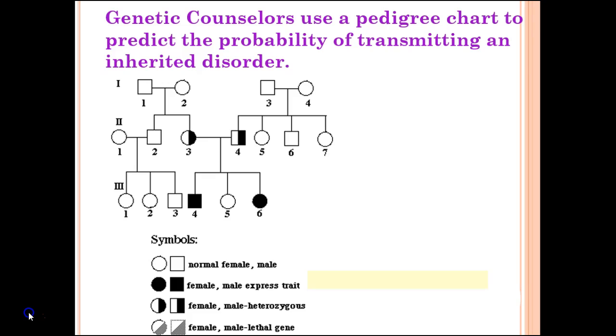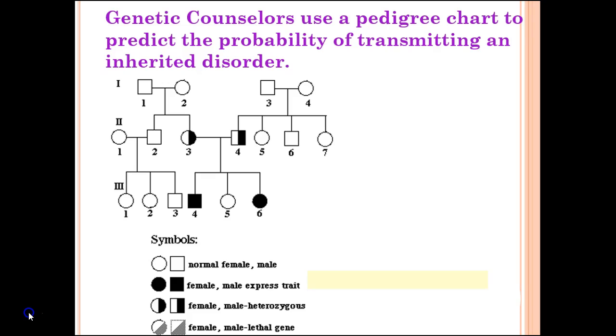Generation 3, individual number 6 is a female and she has the disorder. But up in generation 2, we see 2 individuals that are only half shaded in. Well, what that means is they are heterozygous for the trait or disorder. And so they have passed that gene on to their offspring, and 2 of them have the disease as a result.